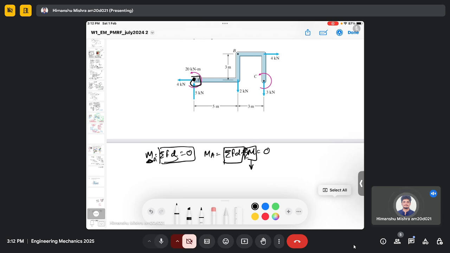This summation of M represents the moment due to a couple like this, and this F into d is the moment due to the point forces, which in the diagram are shown in blue color, like here.